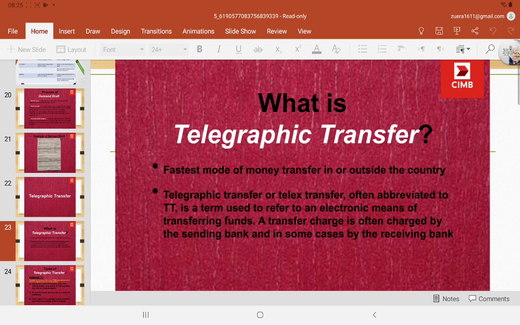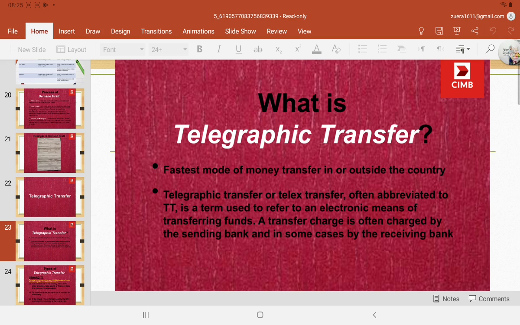The telegraphic transfer, or telex transfer, is often abbreviated to TT. This is a term used to refer to an electronic means of transferring funds, so we will use electronic ways to transfer the money. Once we use the telegraphic transfer, they will charge you some fees.